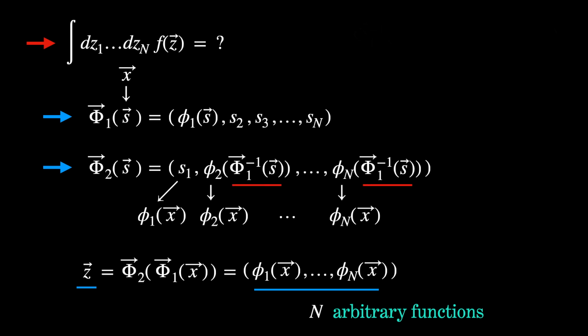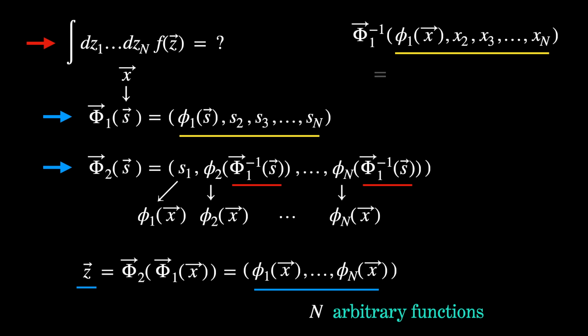What the inverse function does, as we can see above, is to reverse the transformation of x to give us back x, which is then plugged into Phi 2 to Phi n. Thus we see that the composition of these two maps really gives us the desired relation between z and x.